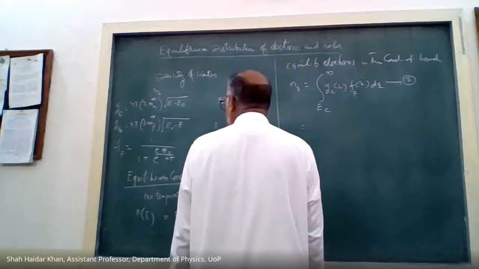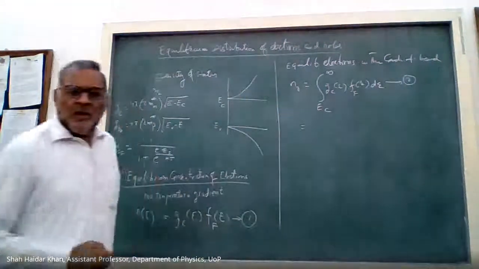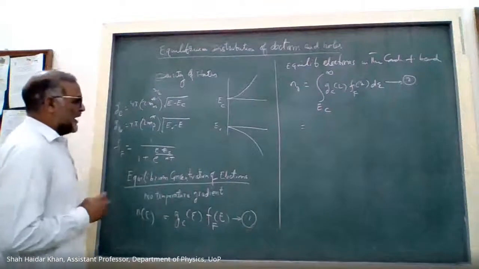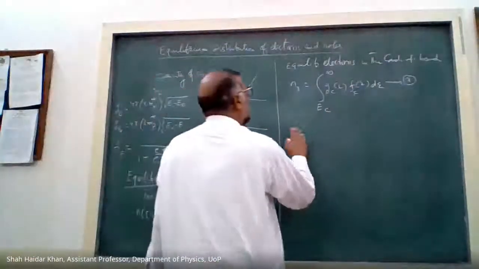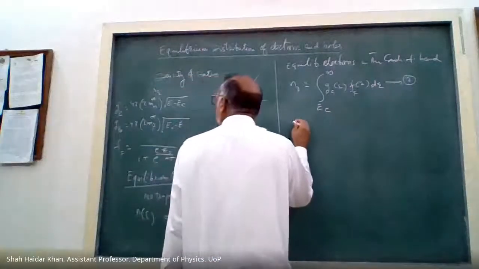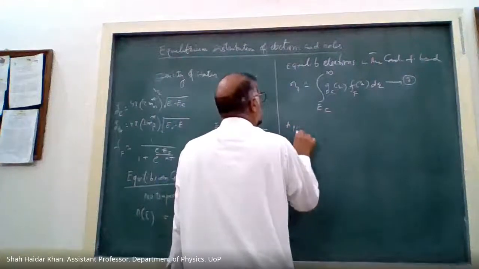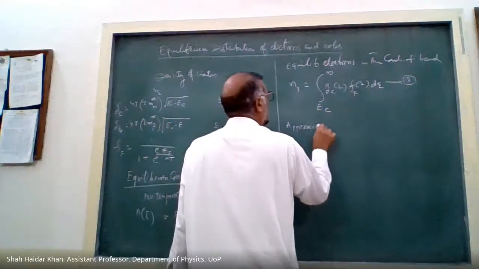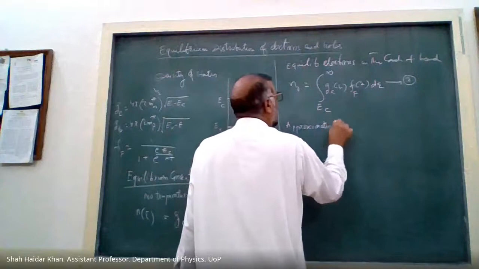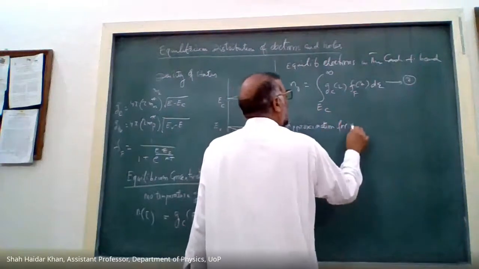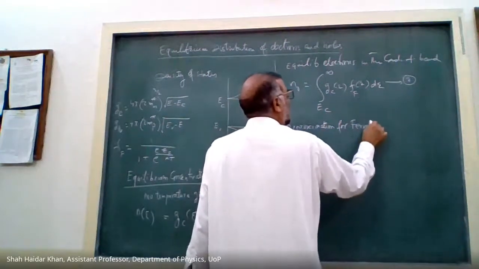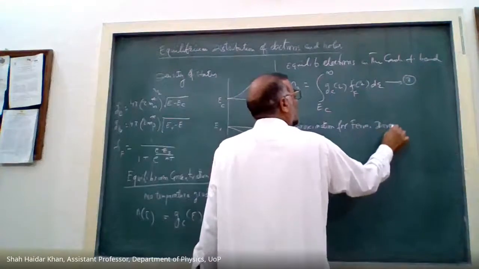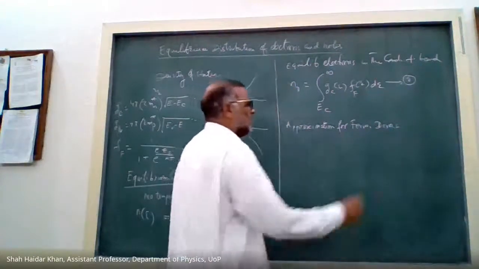Okay. Let me go back to the approximation for Fermi-Dirac to Boltzmann.